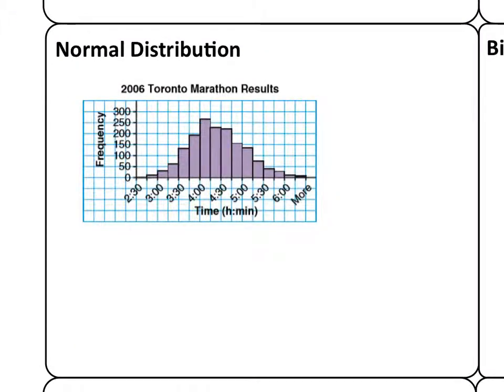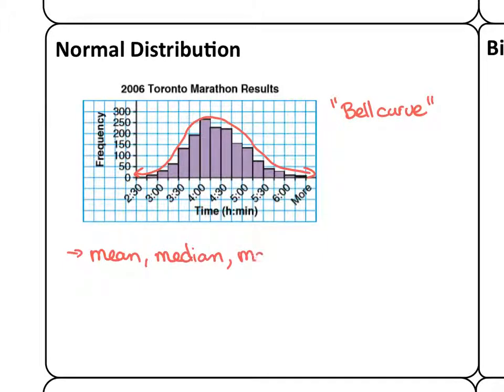The next one is called a normal distribution. And what you'll notice with this one is that it starts off really low and then goes up. It has a high point and then comes back down. Now, some of you may know this as the bell curve, because it looks like a bell. It looks like the top of the bell and the sides coming out on the sides. Now, the key feature about this is that the mean, median, and mode are all in approximately the middle.